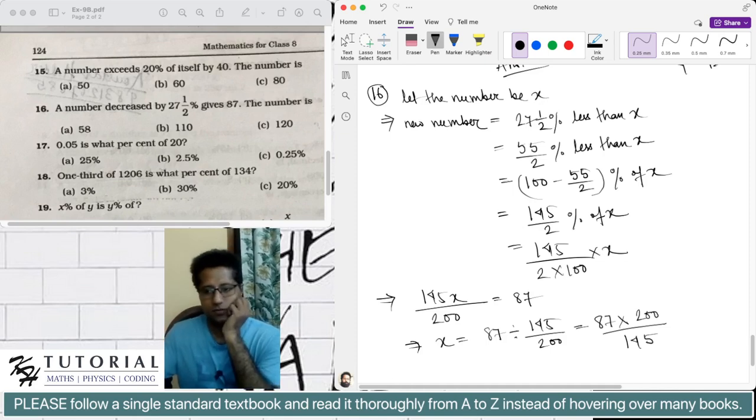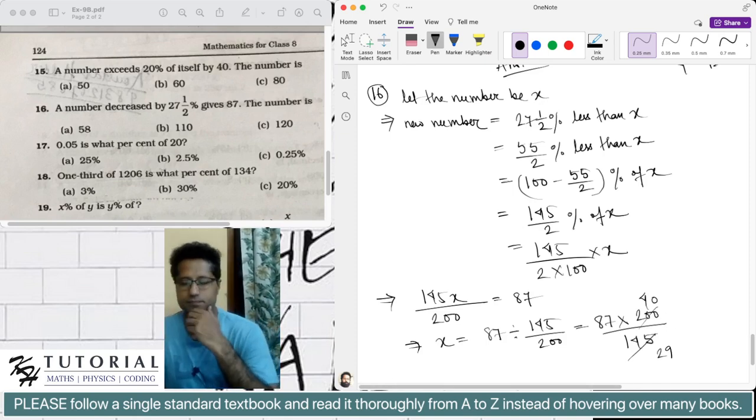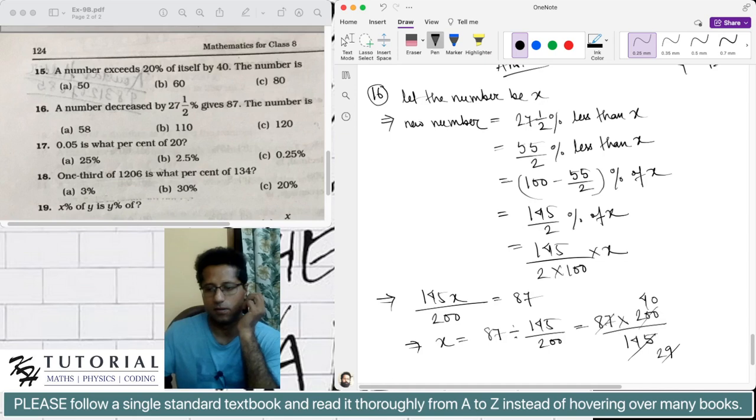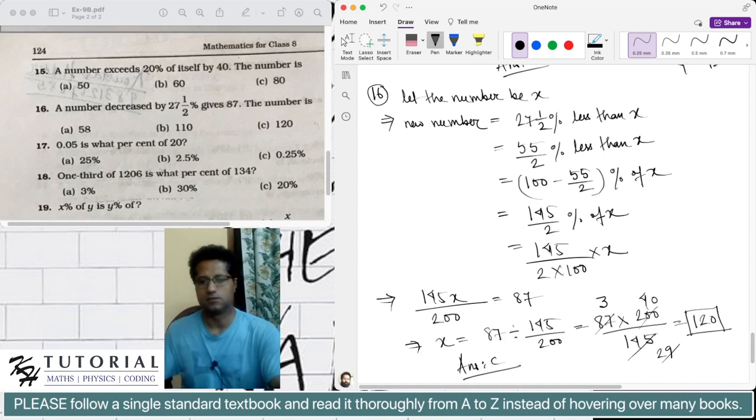So 5 divides 200 with 40, 5 divides 145 with 29, and 29 divides 87 with 3. So this is equal to 120. So we are asked what is the number. So the number is 120, and hence the correct choice is C. C is the correct choice.